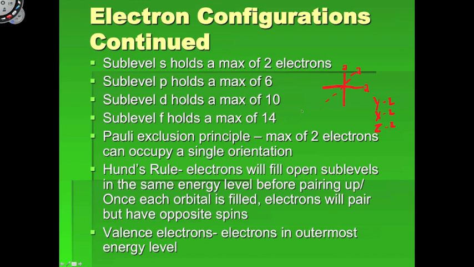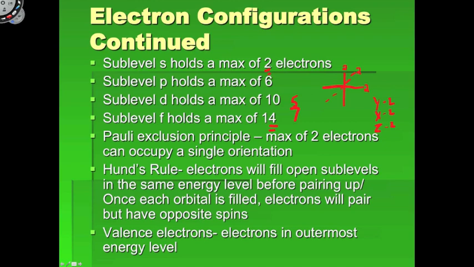So what would that tell you about the F and D sublevels? Well, if F will hold 14 and there's only 2 electrons per orientation, then that must mean that there are 7 orientations for the F, and there must be 5 orientations for the D. So the total number of orientations is half of the total electrons it'll hold. What does that tell you about the S sublevel?